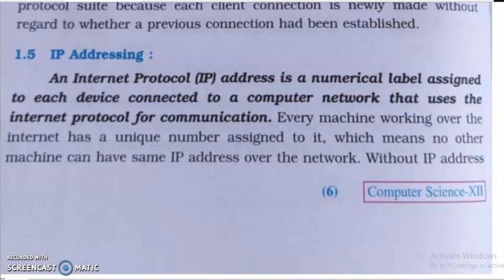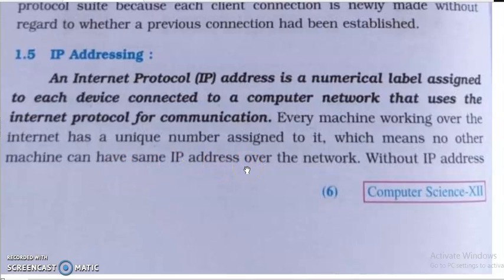An IP address, an Internet Protocol address, is a numerical label assigned to each device connected to a computer network that uses the Internet Protocol for communication. Every machine working over the network has a unique number assigned to it, which means no other machine can have the same IP address over the network.